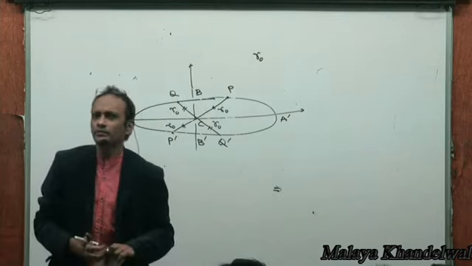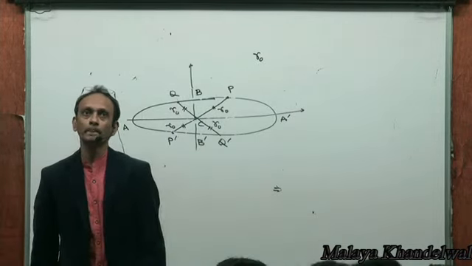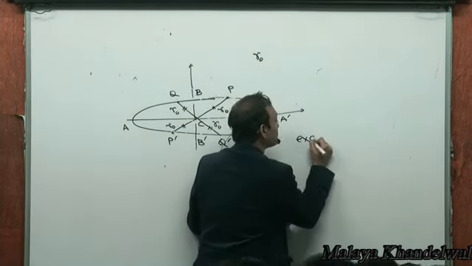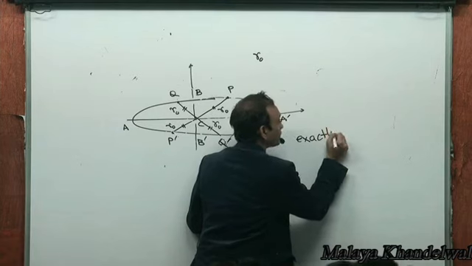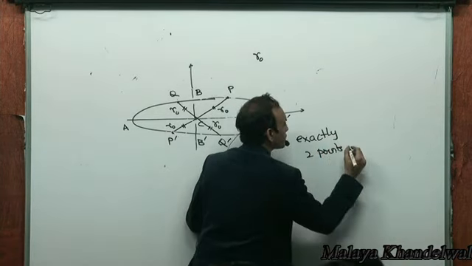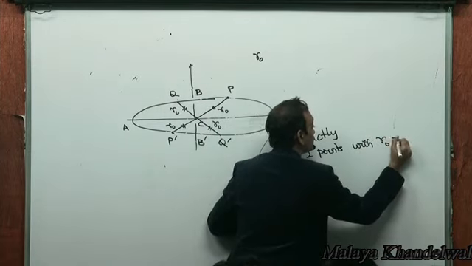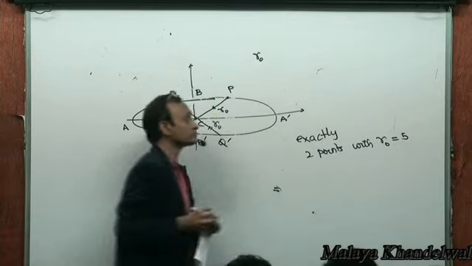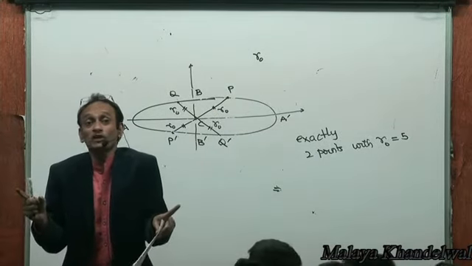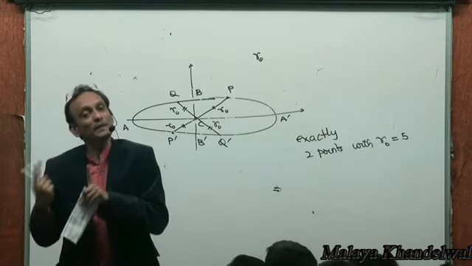But if someone said that there are exactly 2 points on the ellipse with distance from the center equal to say 5, then either these 2 points would be the ends of the major axis or the ends of the minor axis.